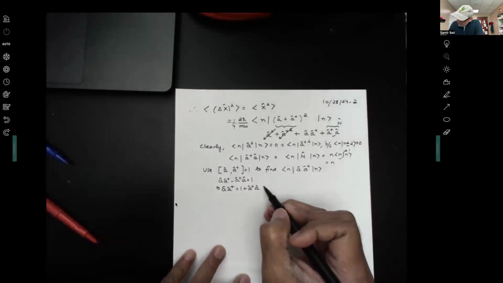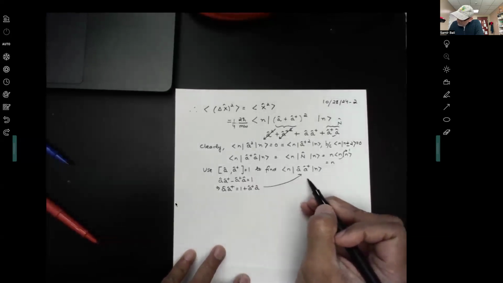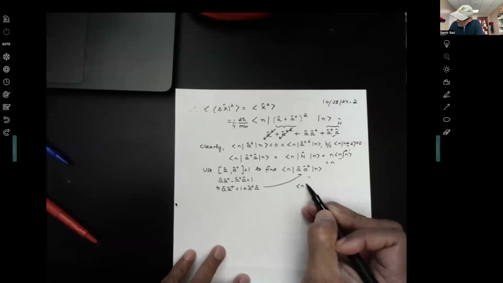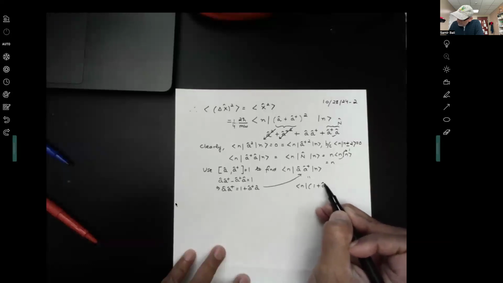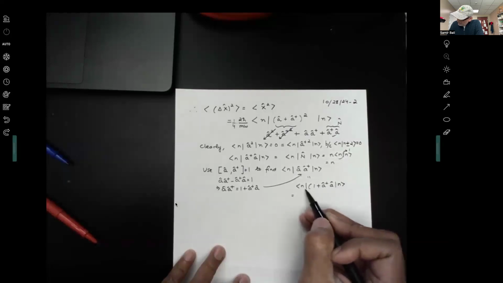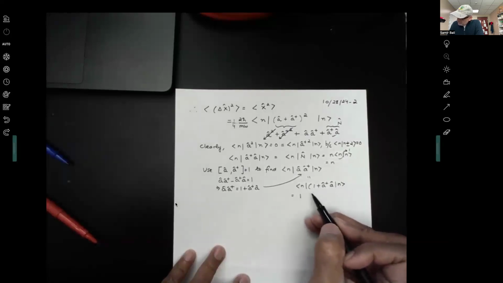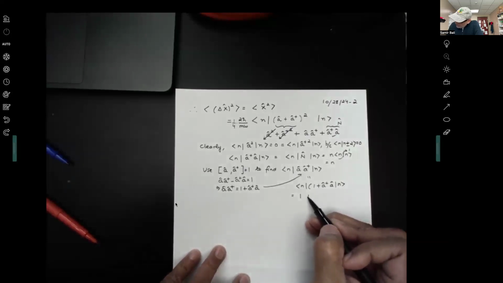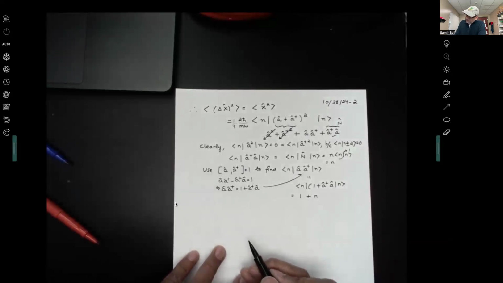So we just put that in here. 1 plus A dagger A. So you get from the 1, you just get 1. And from the other one, A dagger A, that's your number operator again. So you'll just get n.